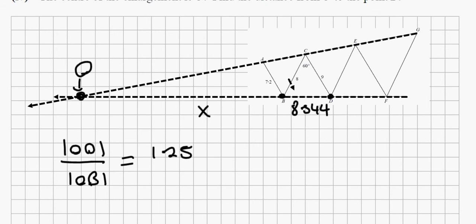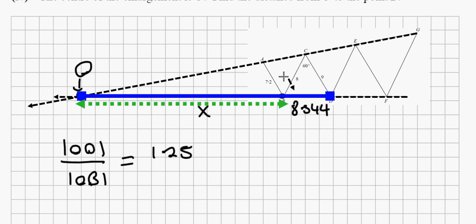The blue length is OD, and the green length was OB. Because it's 1.25 times larger each time, OD has to be 1.25 times larger than OB.